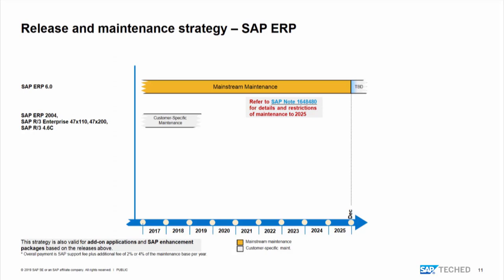Now, the scope of the support services is different, right? Because then SAP does not proactively provide functionality. That's why I want to make this clear, because I don't want to say this is the end. That's mainstream maintenance, which includes proactive support, messaging, notes and everything. But we have customer-specific maintenance as well, right?